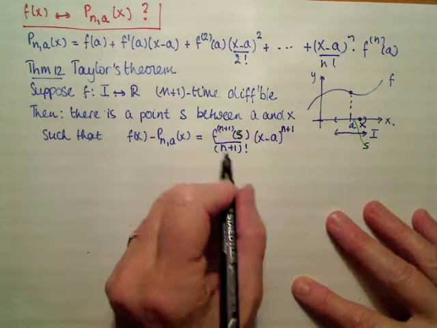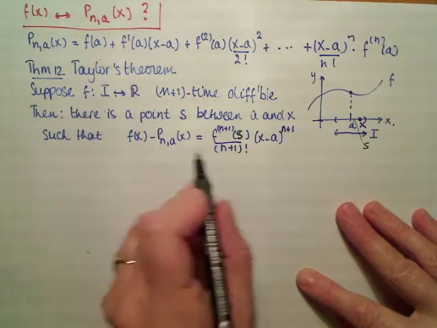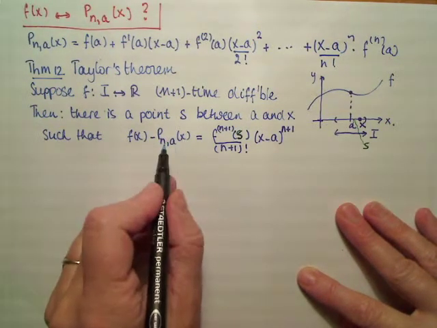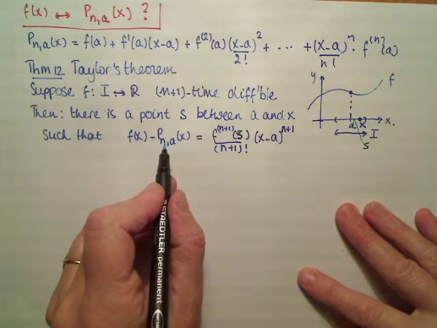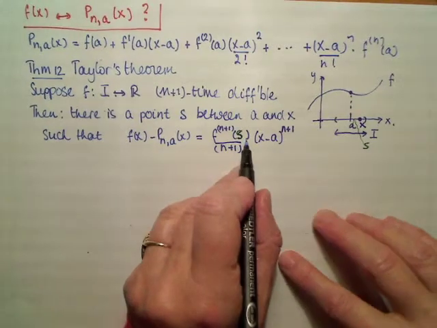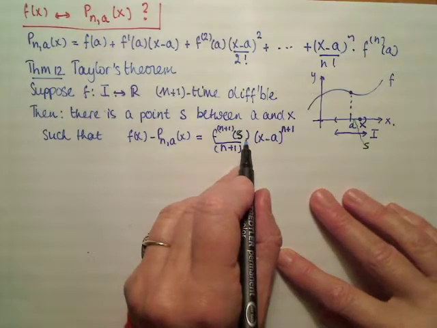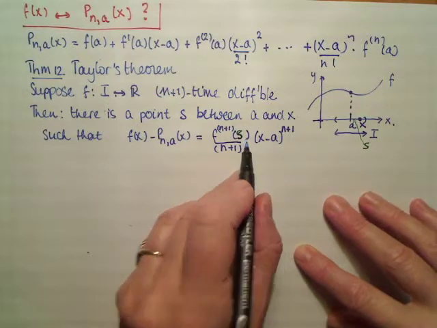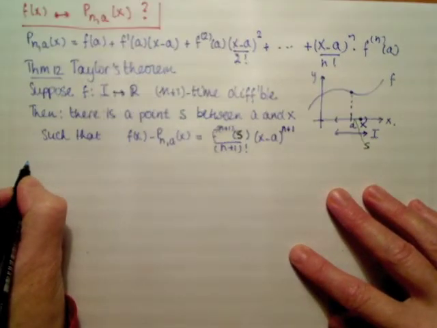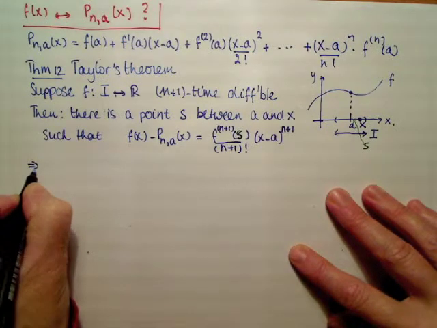Now clearly we know a precise expression for the difference between our function value and the nth order Taylor polynomial at the point x. But since we do not know s, we cannot compute this precisely, and what we can only do is bound this difference. So the consequence of our theorem is the following.